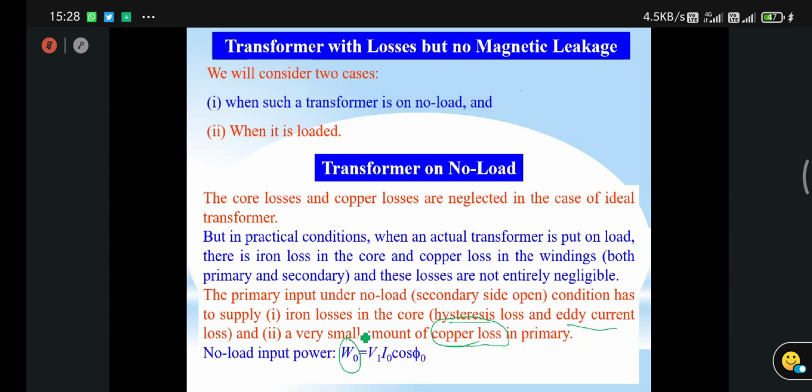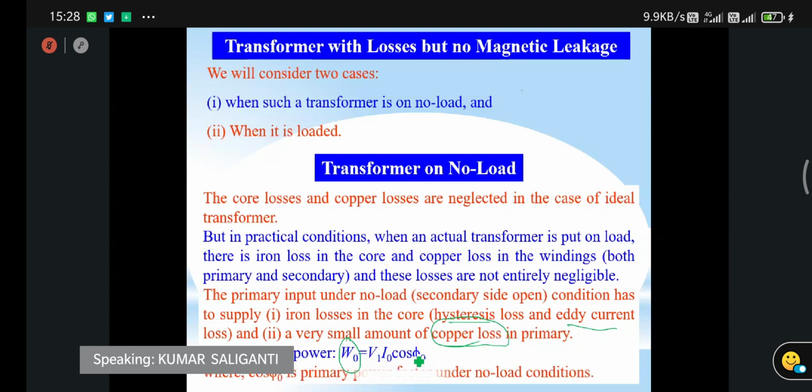So this no load input power will be W0, which is equal to V1 into I0 into cos phi 0. Cos phi 0 is the no load power factor. Generally, the no load power factor takes a very small value.